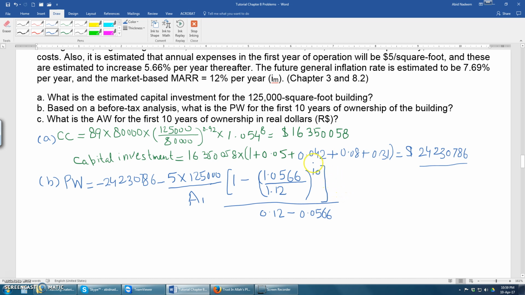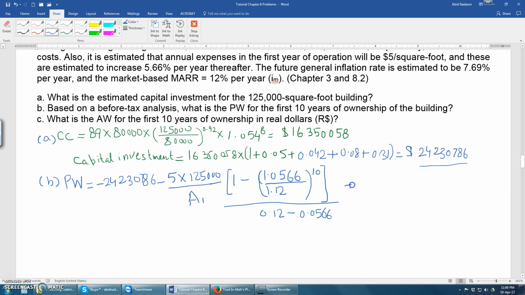Remember that we have used the working capital in the capital investment. It has not been mentioned in the problem that after 10 years the building will be sold. If the building is sold, then the working capital will be recovered, but since it is not mentioned that the building is being sold, we will not take out the working capital.